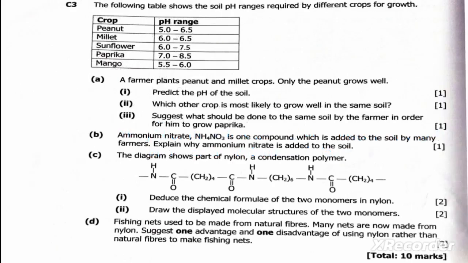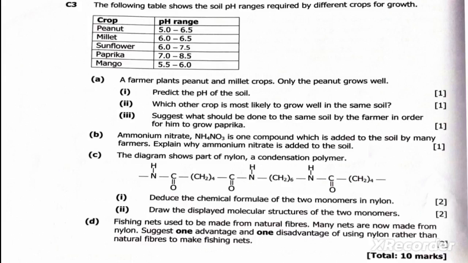We shift to the next question, which is question A, Roman numeral 2. Which other crop is most likely to grow well in the same soil? So the prediction that we have given is that the soil pH is most likely between 5.0 to 5.9.